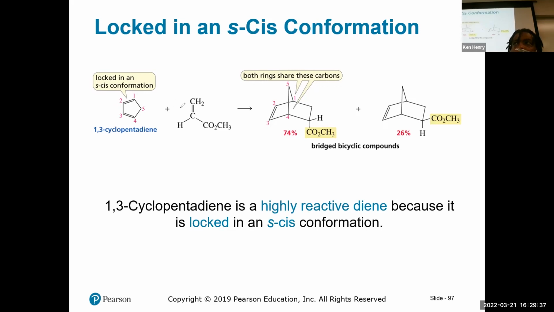So here's 1, 2, 3, 4, 5. Here's that 1, 2, 3, 4, 5. And then these are your addition, right? So that's that ring added on between the 1 and the 4.